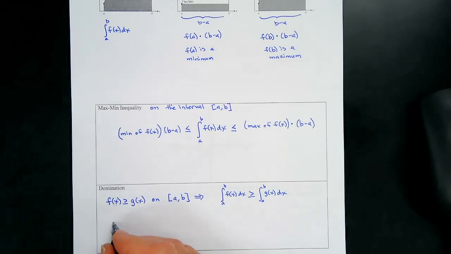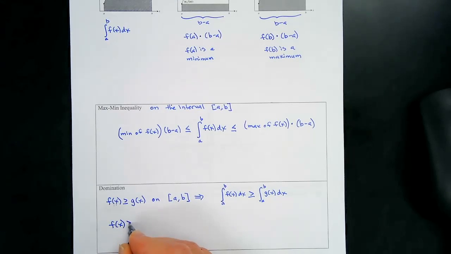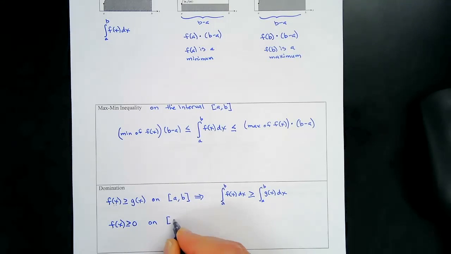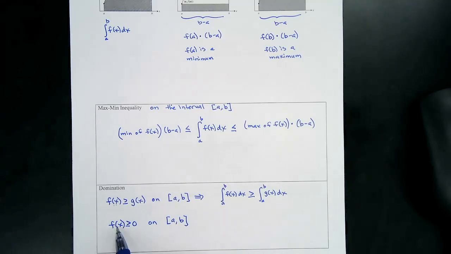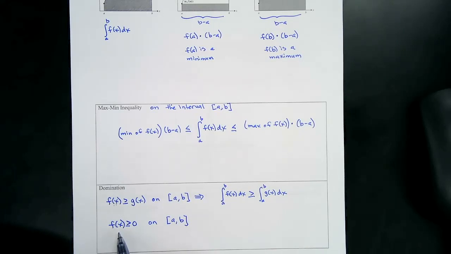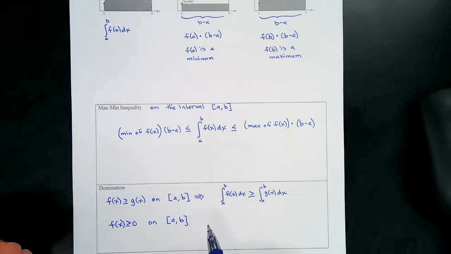Similar to this, and we've actually already used this, if f of x is greater than or equal to 0 on a to b, which means the function is always going to be above the x-axis, and we've already said this, if the function is above the x-axis, then when we take the integral, the integral's going to have to be positive, which means it's also greater than or equal to 0.